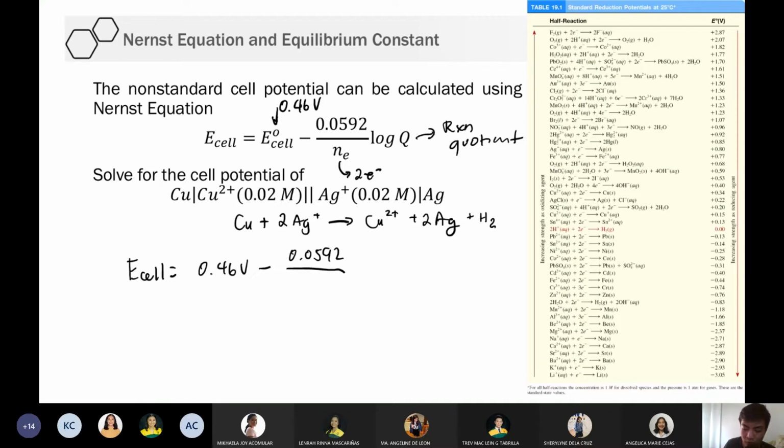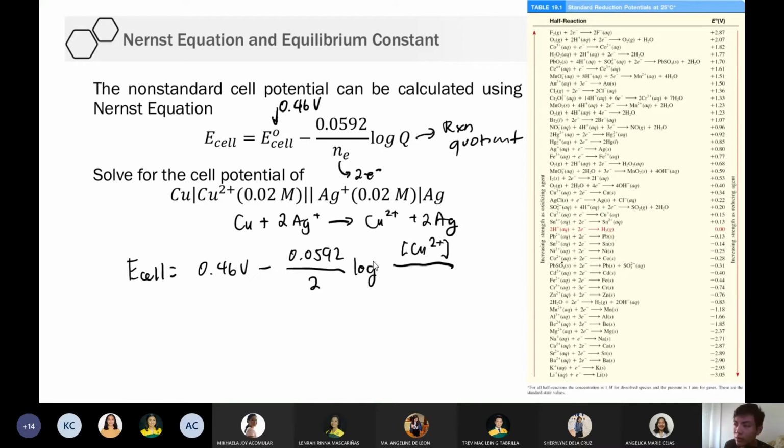Okay? So, lagay mo 2. Logarithm ng Q. How do you write Q? Numerator ang product, denominator ang reactant. Okay? So, on the numerator, sinususulat? Copper lang. Copper lang.